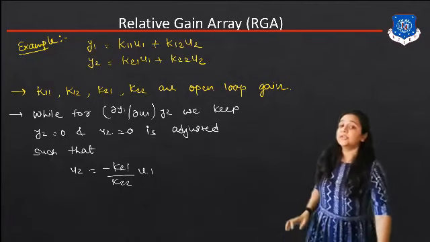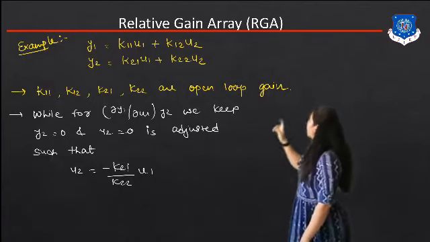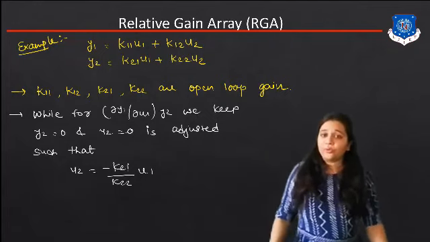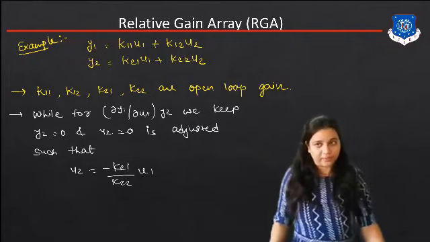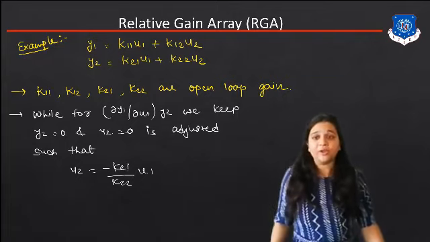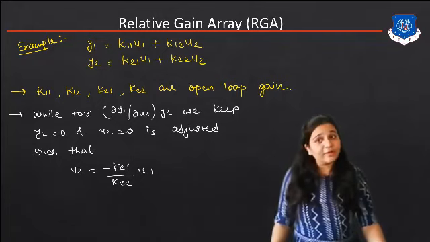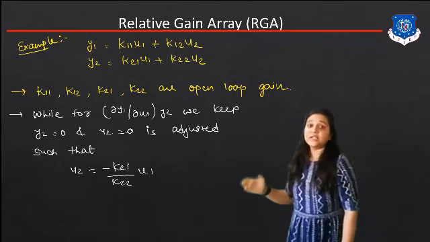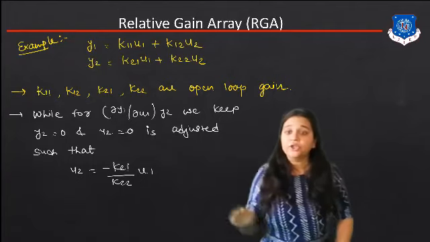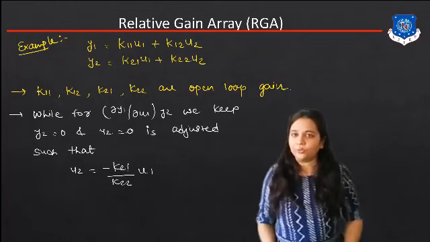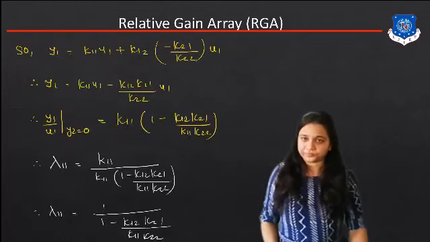Now here what are k11, k12? k11, k12, k21, k22 are open loop gains. While for dyi upon dui, we keep y2 equal to 0 and u2 is adjusted such that we get u2 is equal to minus k21 upon k22 u1.